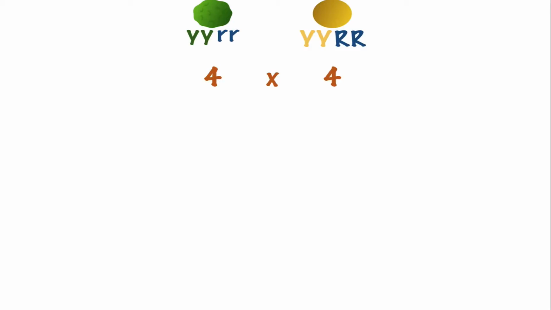And on the right, I can also contribute 4 possible alleles, giving me a possibility of 16 possible outcomes. So I can mix and match each of these alleles in different ways, and I will end up with 16 possible combinations of alleles.